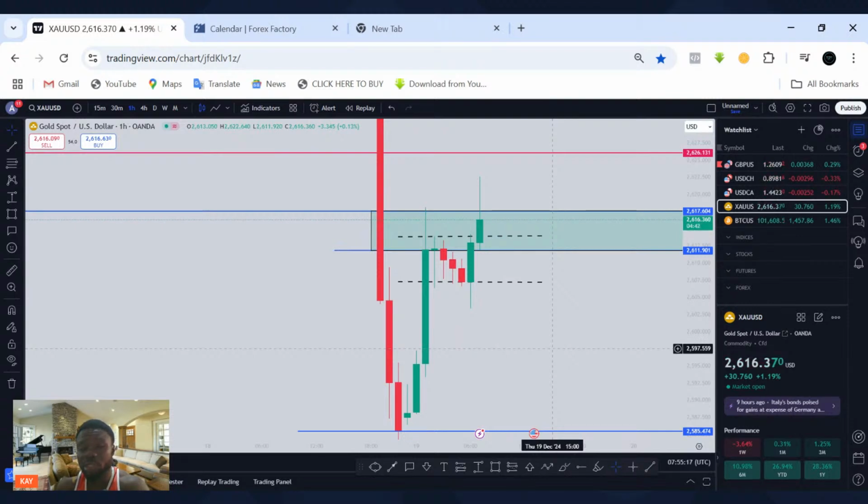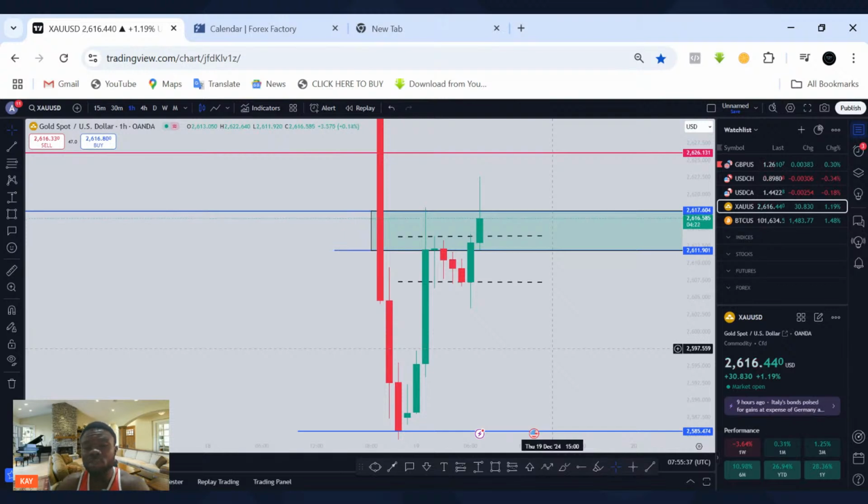So me, for instance, I normally check out the trend. Maybe the higher time frame, let's start from the weekly time frame, the daily time frame, the H4 time frame. Fine, this is one of my confluences. And secondly, the support and resistance levels.